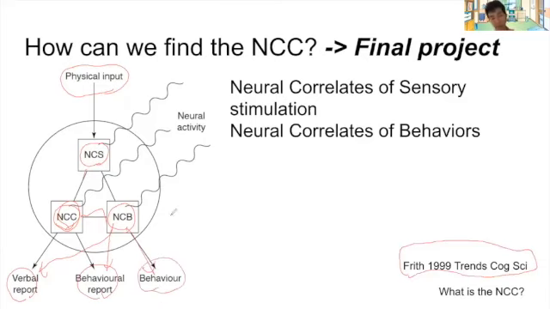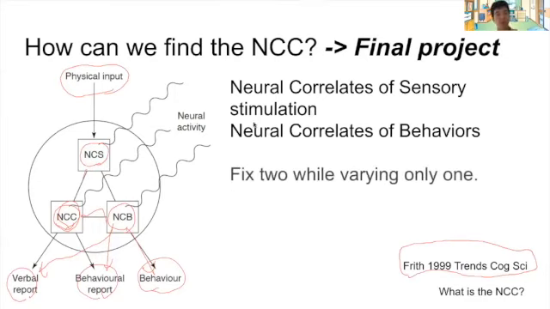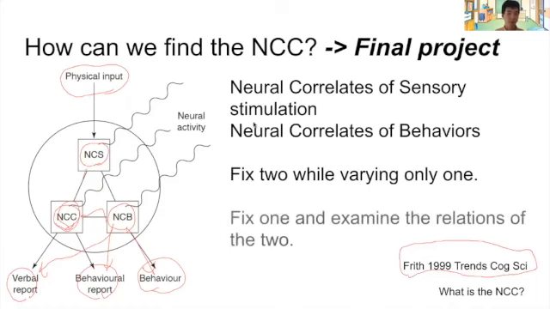Here, behavior means things like eye movements or pupillary dilation or heartbeat or something like that. But if you distinguish these 3 components conceptually, what we can do is to fix 2 while varying only the remaining component, or fix 1 component while examining the relation of the other 2.